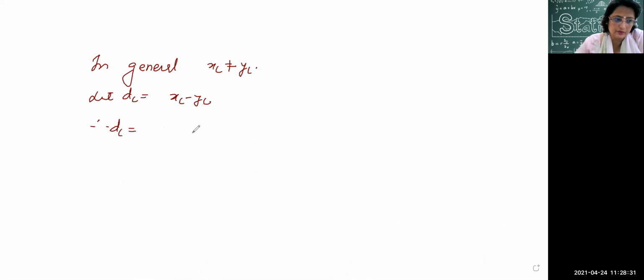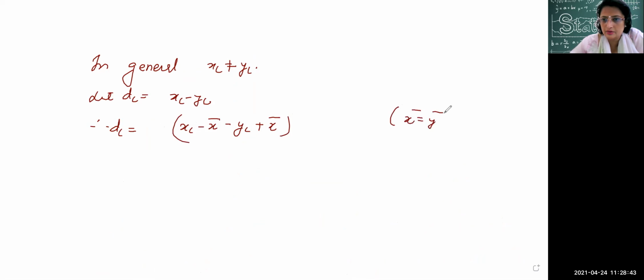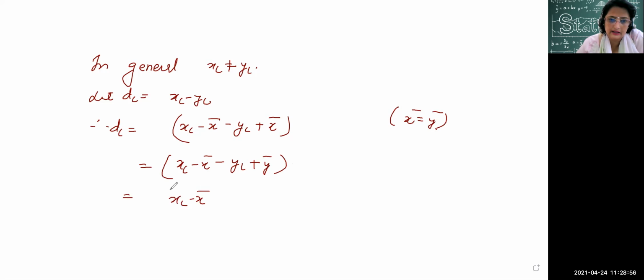Therefore, di is equal to xi minus x bar, okay, I am introducing x bar, minus yi plus x bar, suppose. And we know that x bar is equal to y bar, so at one place we will put y bar, right? So I have put the value of x bar equal to y bar here. Now we will take minus common: minus yi minus y bar, right?